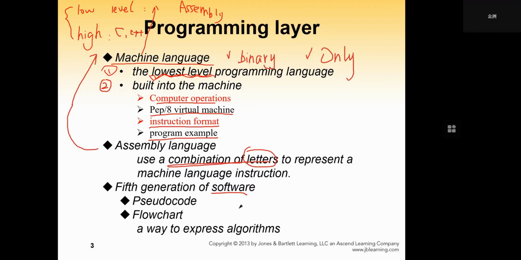How does it develop? In order to understand software, we need to know about algorithms. We say any software or program equals algorithm plus data structure.